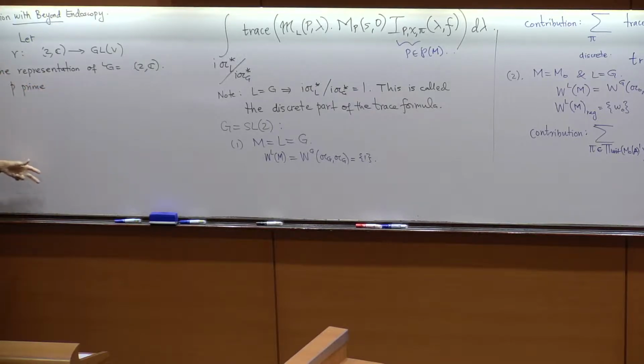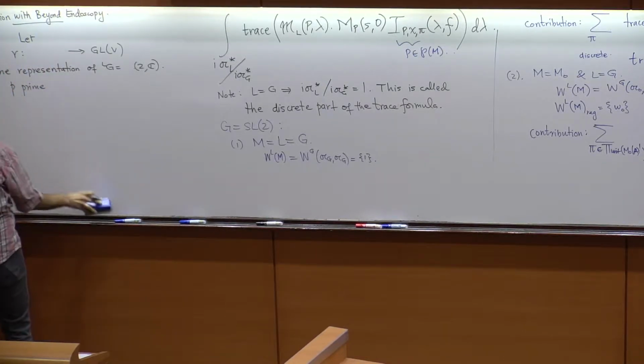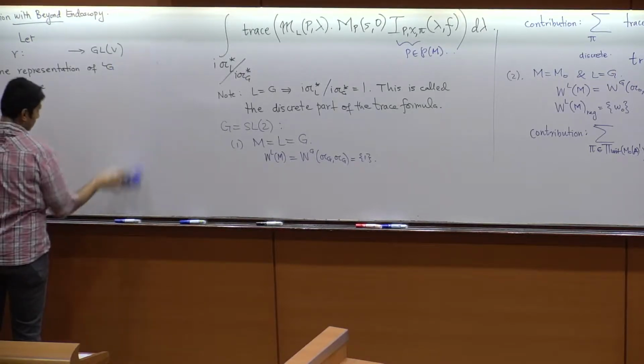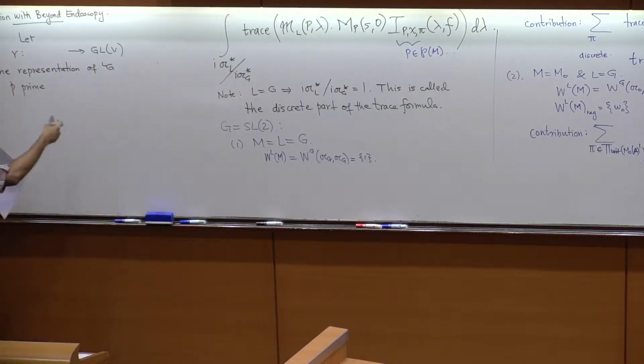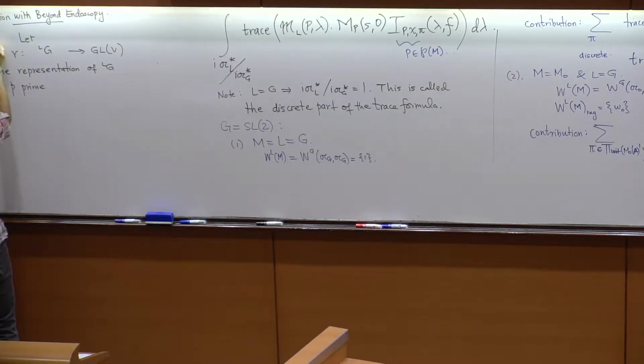Everything works for a connected reductive group. Because of the Satake isomorphism, what I'm going to do is general. So G is a connected reductive group over Q, with a representation of the L group.